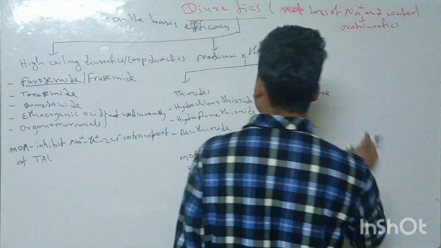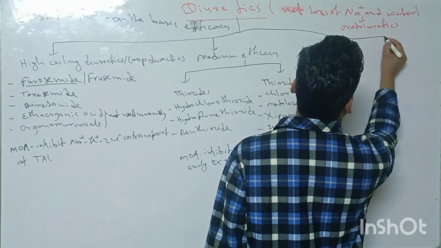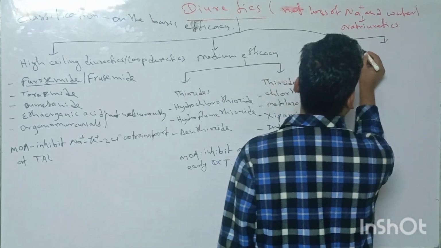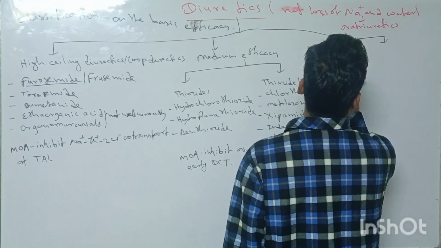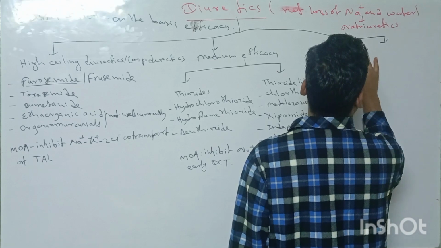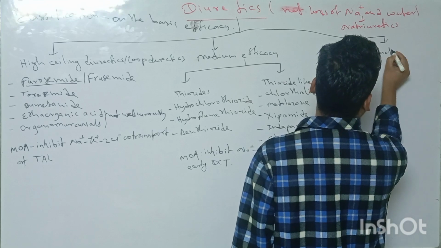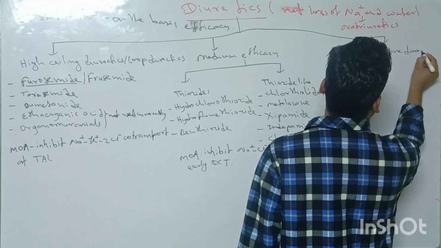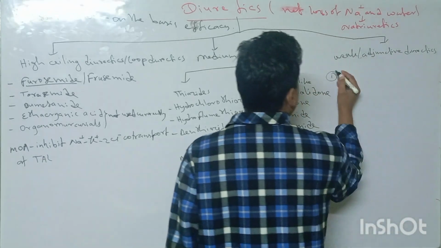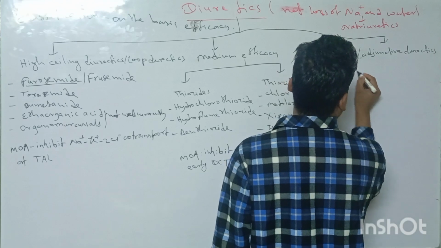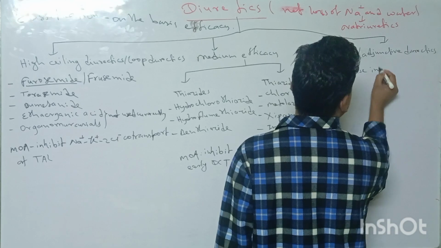And next, these were medium efficacy. Now these will be weak efficacy or adjunctive diuretics. Here I will be numbering. First will be carbonic anhydrase inhibitors.